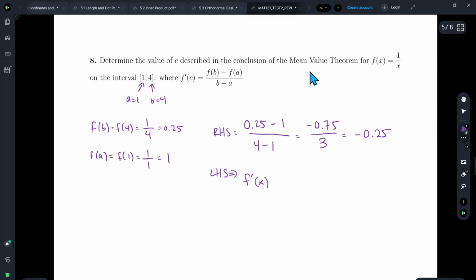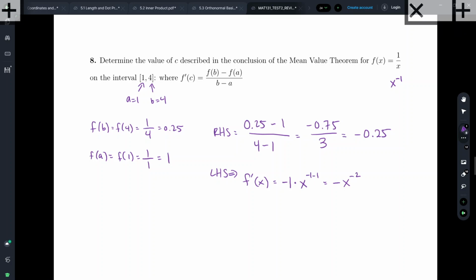So 1 over x, we can think of this as x to the minus 1. And using the power rule, the minus 1 comes down, and then if I subtract 1 from the exponent, that's minus 1 minus 1. So that's equal to negative x to the minus 2. And then negative exponent means I just push the x into the denominator, right? So that's negative 1 over x squared.